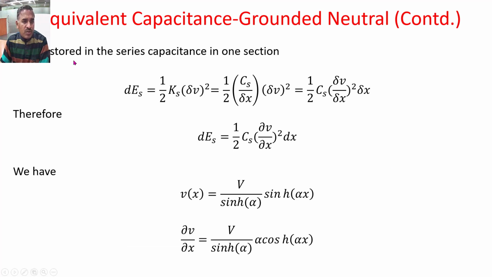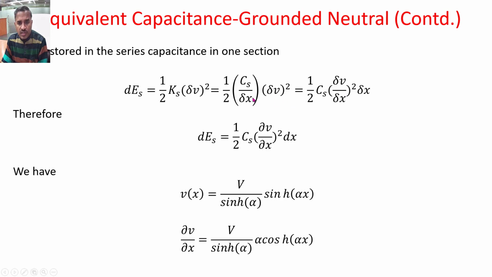So the energy stored in the series capacitance in one section is dE_s. The differential energy in one section equals half that section's capacitance into the voltage across that series capacitor, delta V, squared. So half Cs by delta x, replacing Ks by Cs by delta x, into delta V square.